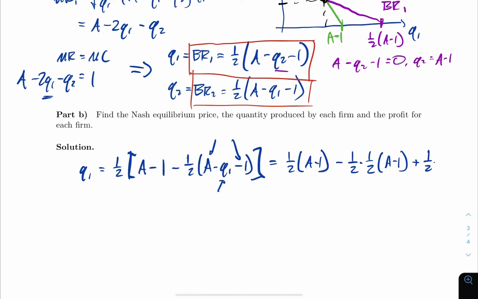And from here we'll simplify, which gives us 3/4 Q1 equals 1/4 (A minus 1). So then Q1 is equal to 1/3 (A minus 1).